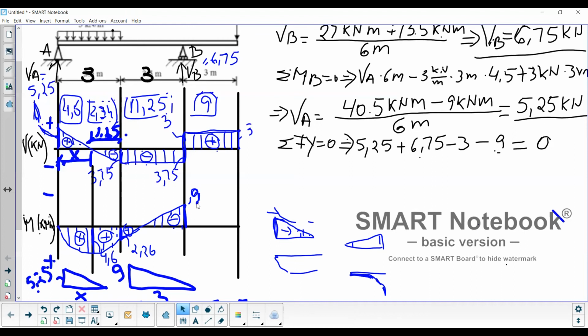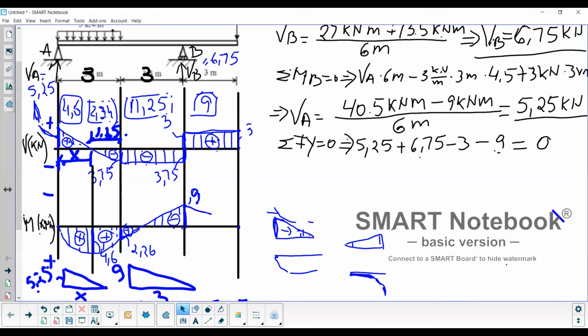And from 9, on the next section, we have again a constant diagram, which means my moment diagram will look linear, and we have 9 here, and we're going to go towards this point.